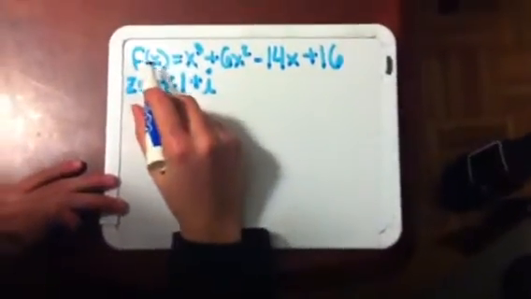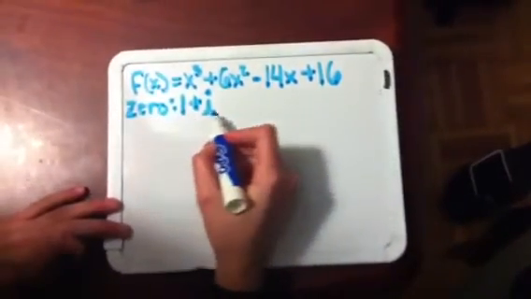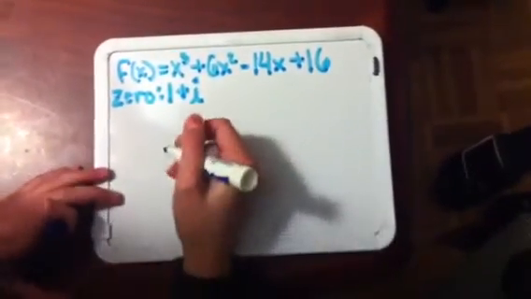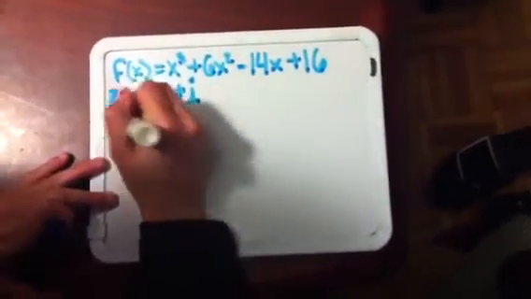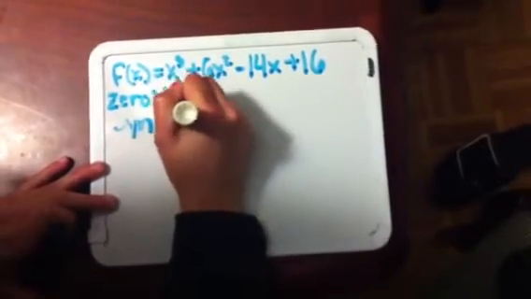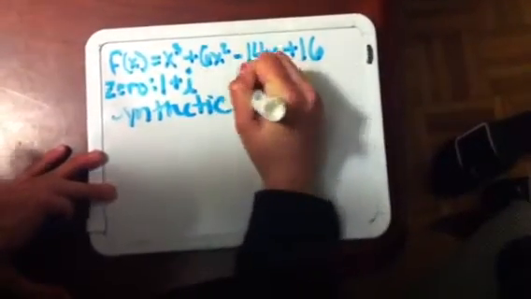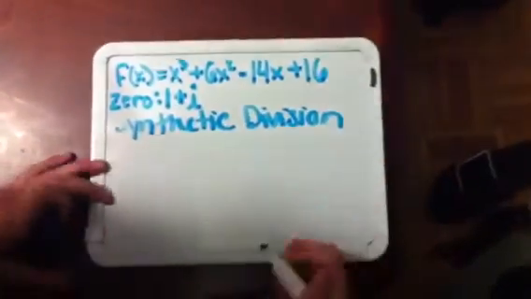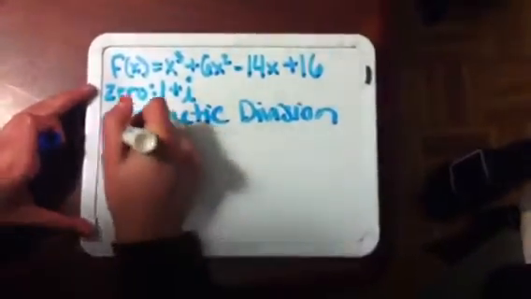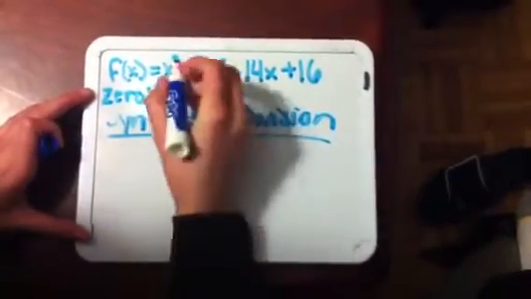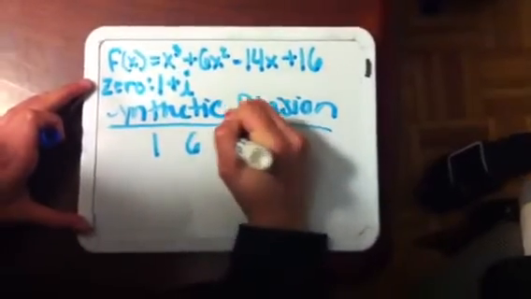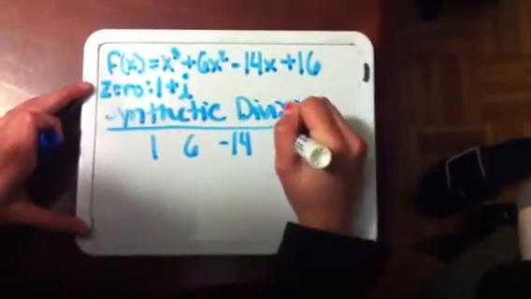This is the f of x function, and this is our given zero, 1 plus i. So we're going to have to do synthetic division. So the first step, which we know from the easier one, is to write all the coefficients: 1, 6, -14, and 16.